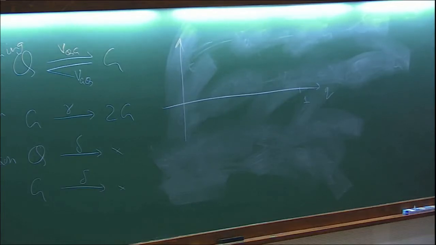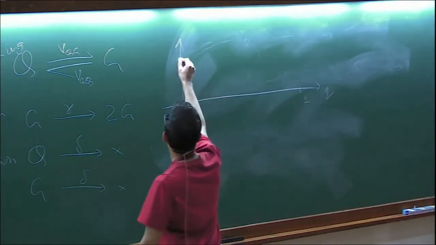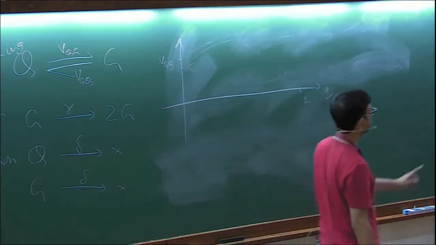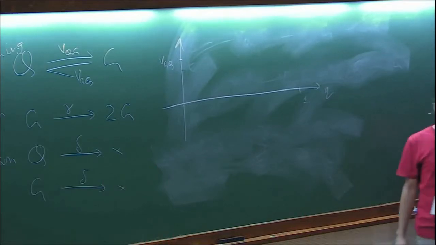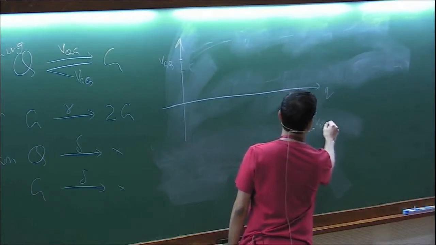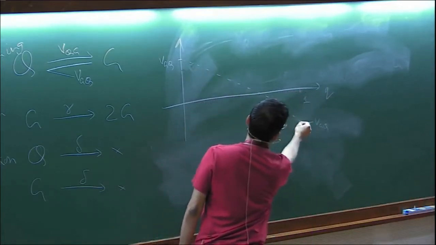When q is 0, the only thing that will survive is v_GQ. So it's a line that starts from v_GQ at q equals 0, and when q is 1, you will have minus v_QG. This term will go to 0. I'm only drawing the first two terms. So somewhere here there is minus v_QG, and you will have a straight line joining them.